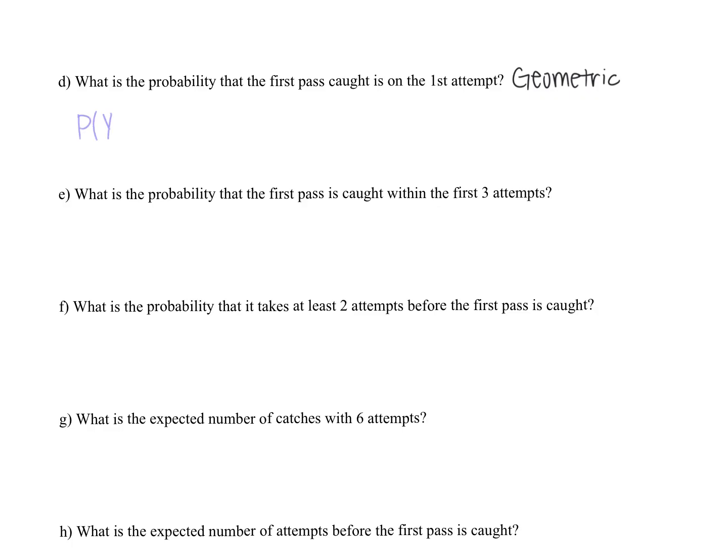So this one is the probability that y is 1. The beginning part of the geometric formula is your failures. So the probability he doesn't catch would be 1 minus 0.15. He's had 0 failures because we're saying success happens on the first attempt. So that just becomes 1 times your success, 0.15, which is 0.15.